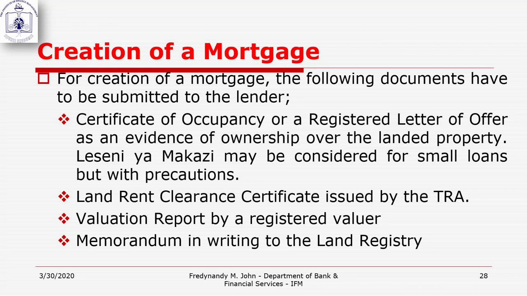But also, the government does not have to wait for the 30 years to lapse. Rather, the government might even change that before the lapsing of that period. However, if you have a certificate of occupancy, it means the government will compensate you.